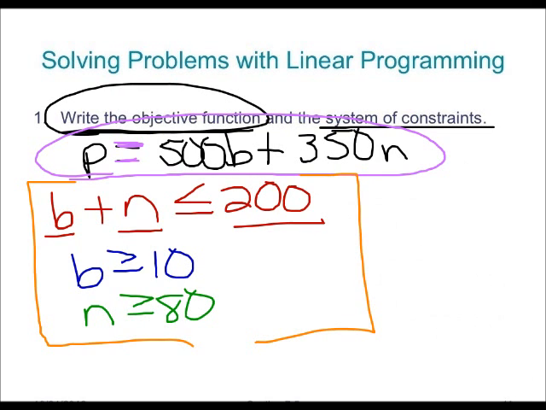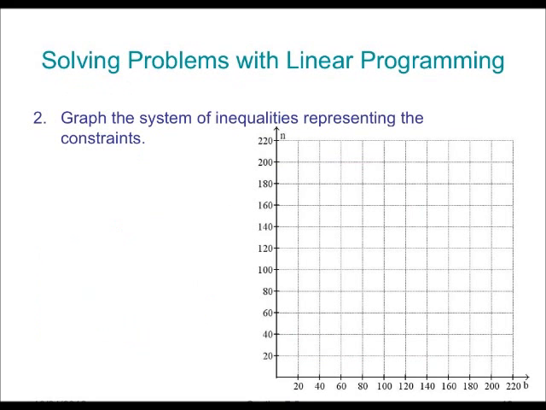So we have to graph the inequalities. So I have b plus n is less than or equal to 200. It's in standard form.